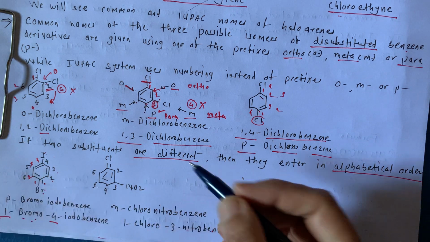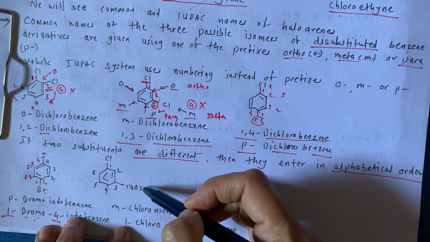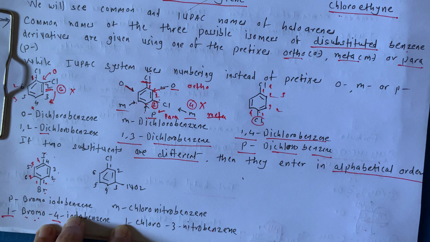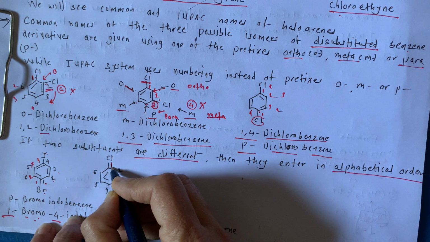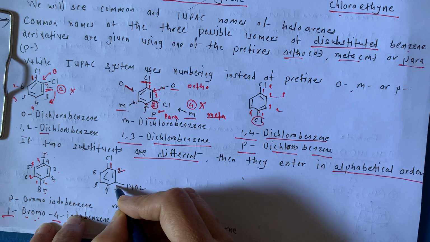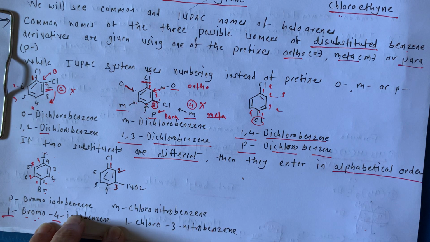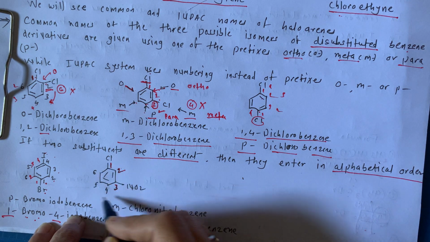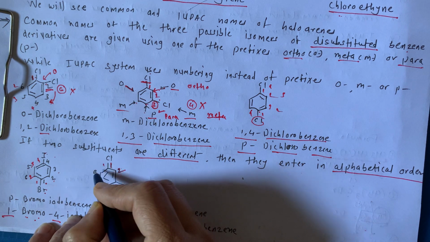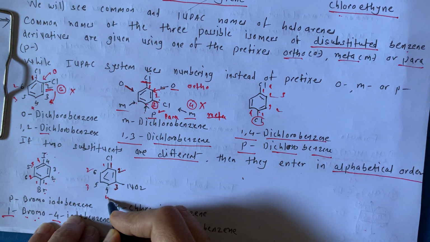Okay. Now suppose there is chlorine and a nitro group. Now C comes first, then N. So we have to give first preference to the chloro group, and that's why the numbering here is 1, then 2, and here it is 3. And if you write it the other way, it will come on 1, 2, 3, 4, 5.